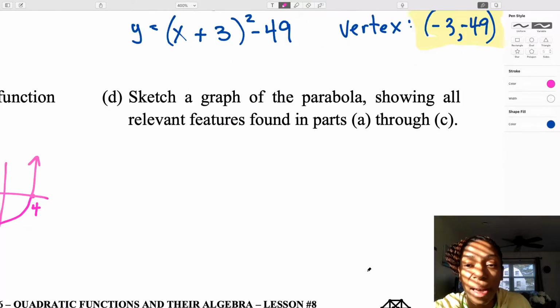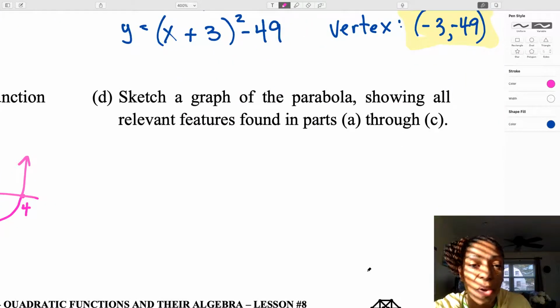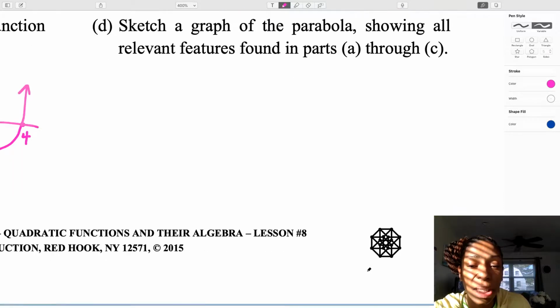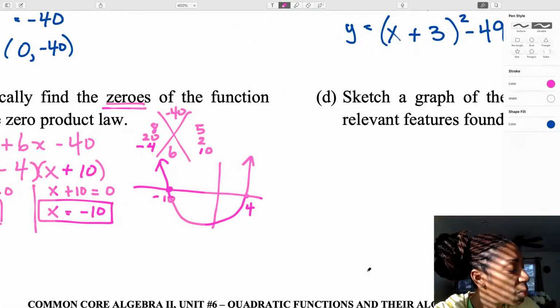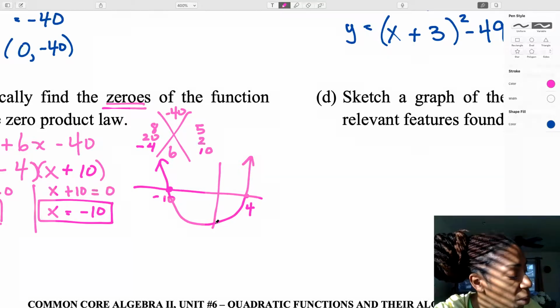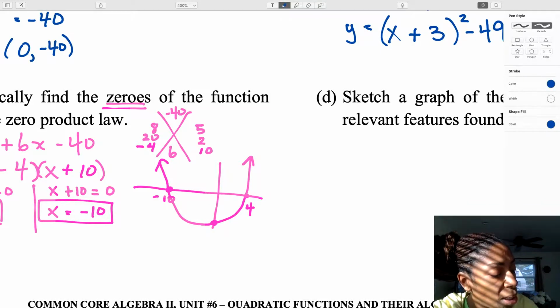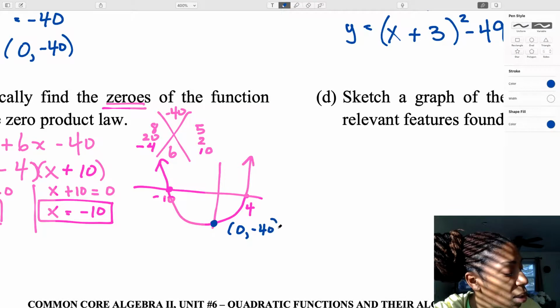Sketch the graph showing all relevant features in parts A through C. So I kind of started my sketch already. I just need to include my turning point and my y-intercept. My y-intercept is -40, that means this point here is (0, -40).